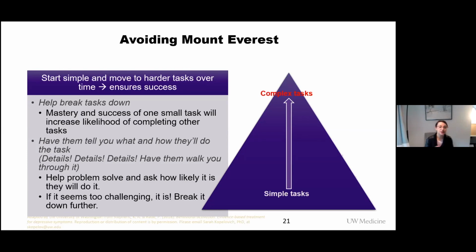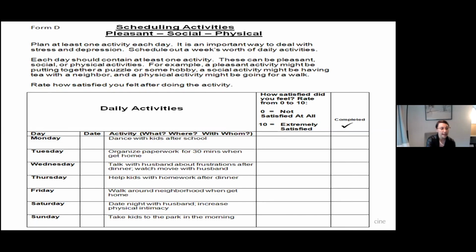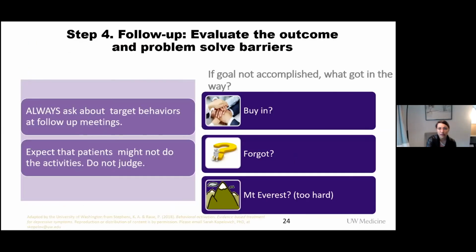And if the person is identifying that it's below 90%, which is really what we're shooting for, try to break that task down even more, or figure out what's getting in the way and troubleshoot that. And we talked about the practical complexity of the task versus the psychological complexity of the task, and making sure that our activities are COVID compatible. I'm going to skip through that.